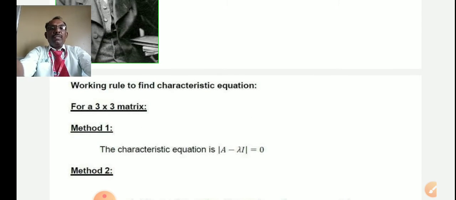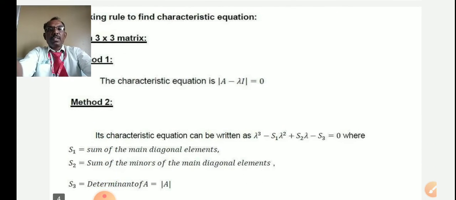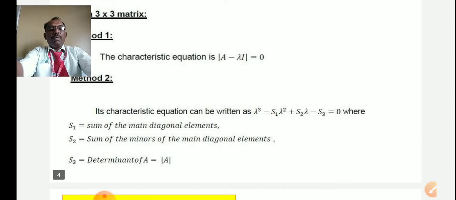So how can we find the characteristic equation of the given matrix? Suppose our matrix is 3 by 3. The characteristic equation of a 3 by 3 matrix is determinant of A minus lambda I equal to 0. This is the original definition. We also have an alternative formula: lambda cubed minus s1 lambda squared plus s2 lambda minus s3 equal to 0.